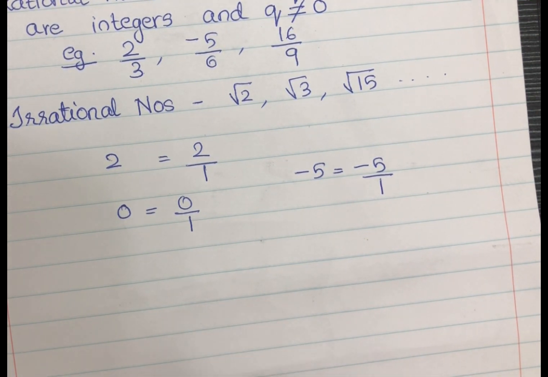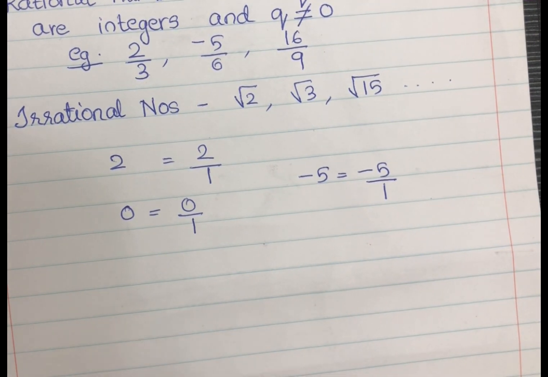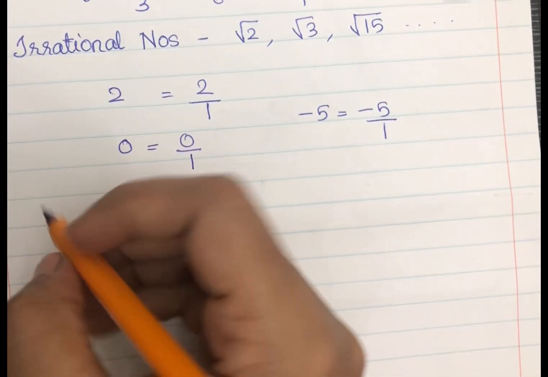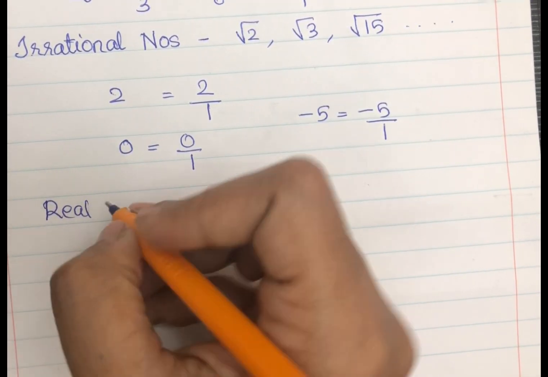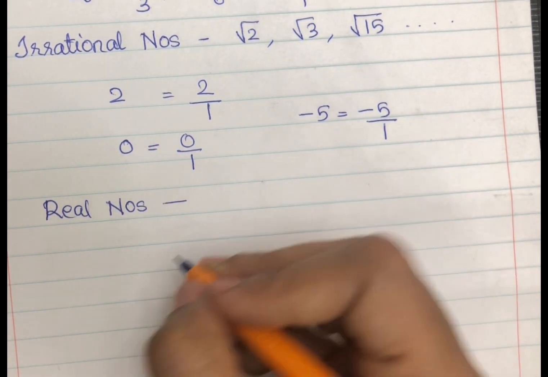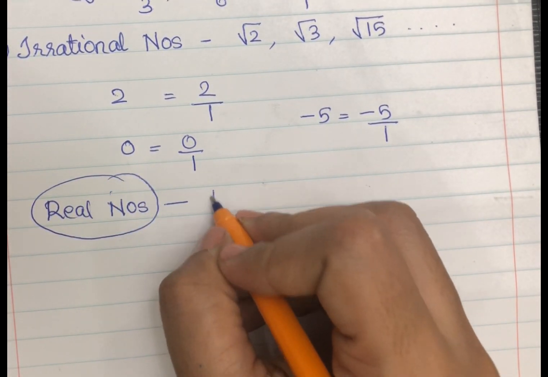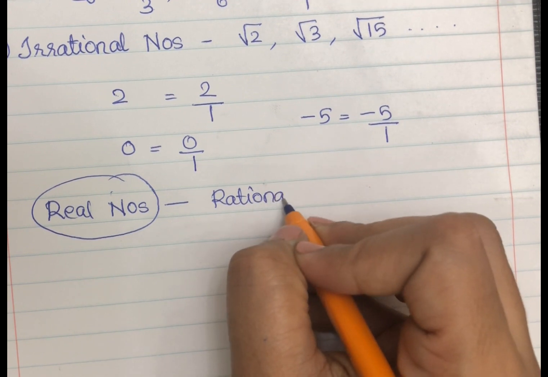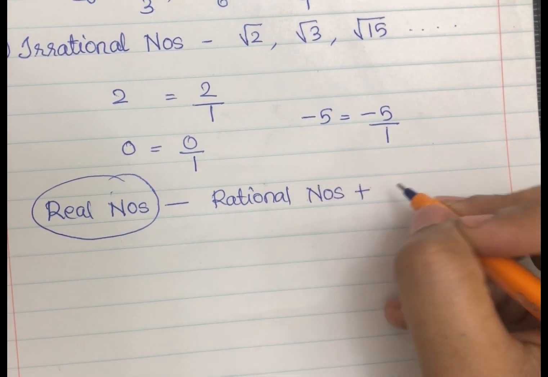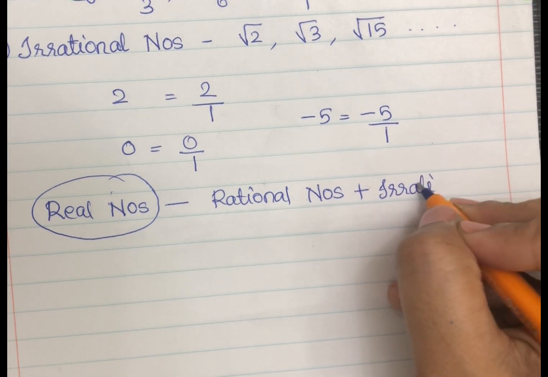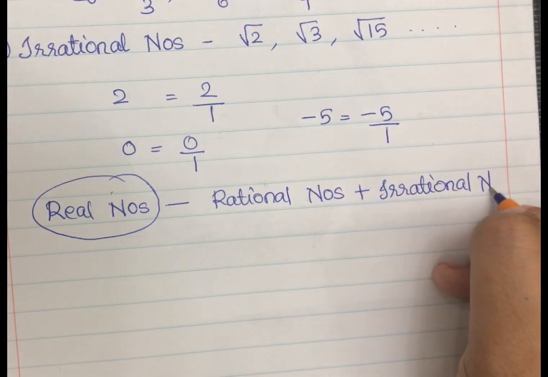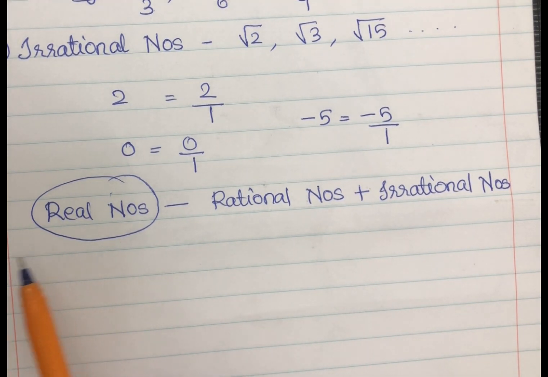So, now we know that real numbers are nothing but rational numbers plus irrational numbers. Another category, real numbers. This is the whole collection of numbers. Okay. So real numbers means what? Rational numbers plus irrational numbers. So now you have completed all the numbers in the number line, right?